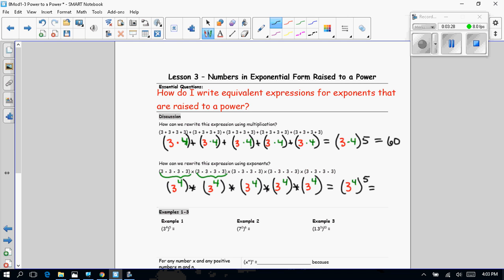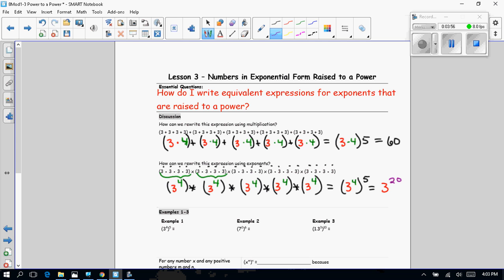Well, if I go through here, how many 3s did I actually have? 1, 2, 3, all the way up to 20 of them. I actually have 3 to the 20th power. So 3 to the 4th power raised to the 5th power is actually 3 to the 20th power.